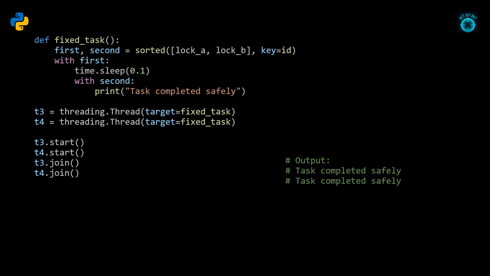As a result, one thread might wait, but it will never get stuck forever because no circular waiting occurs. This strategy, using a consistent global order when acquiring multiple locks, is one of the most important techniques to prevent deadlocks. In the output, we see both tasks complete successfully, and the program finishes without hanging.